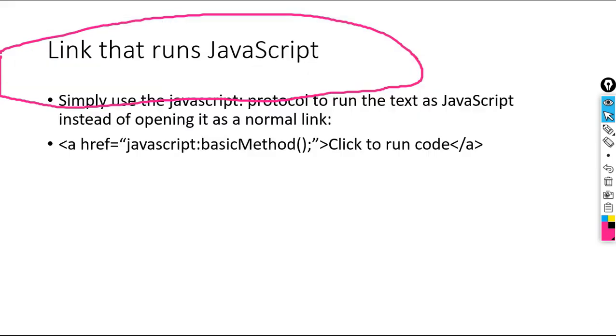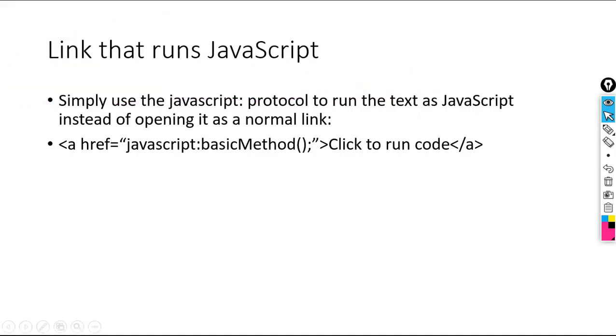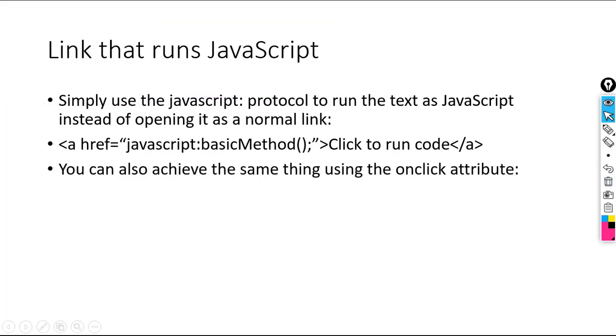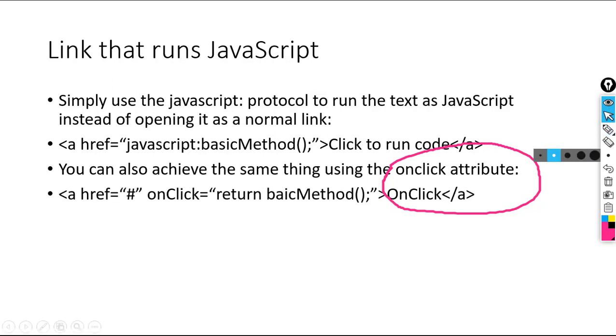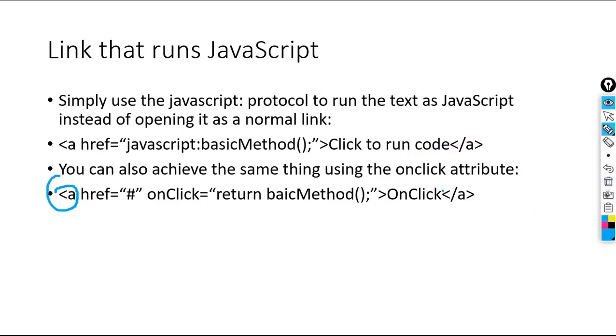Now let's move to the next part of the session. The same functionality we can achieve with the help of the onClick attribute. We have one ready-made attribute, the onClick attribute. Let's observe its example. Here we have the opening anchor tag and here the closing anchor tag. Then we have our mandatory attribute, the href attribute.